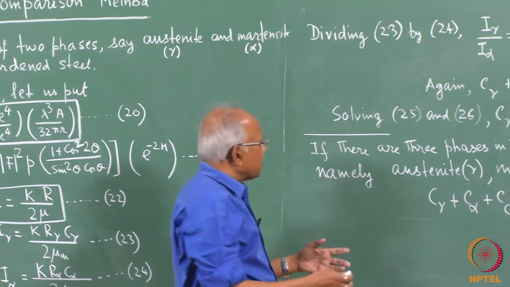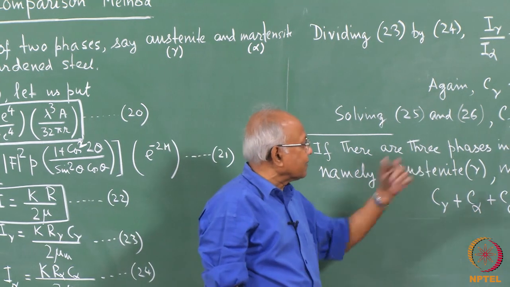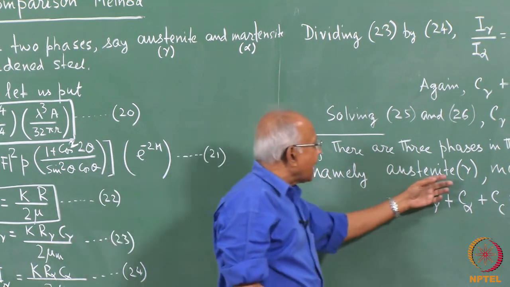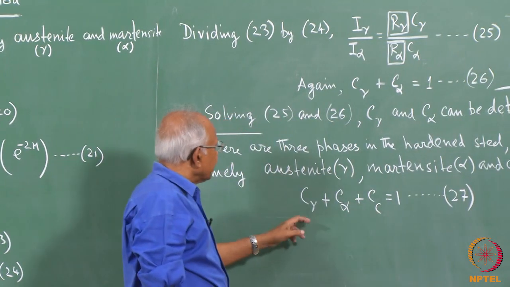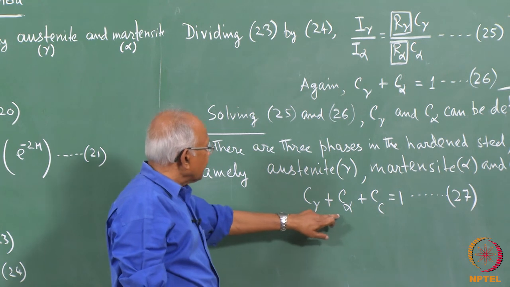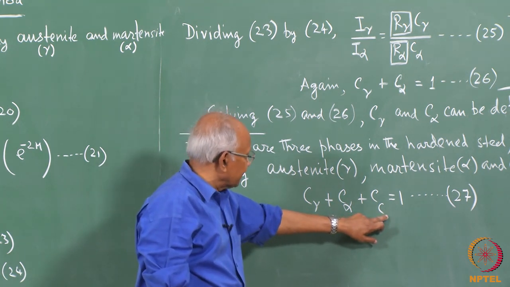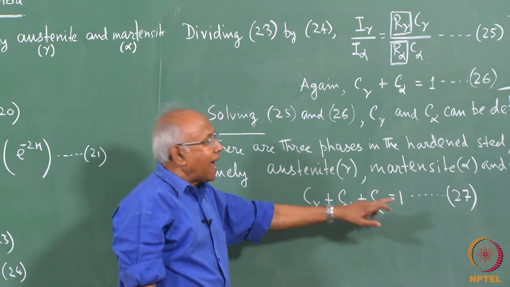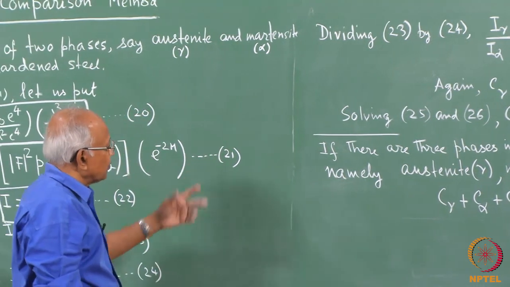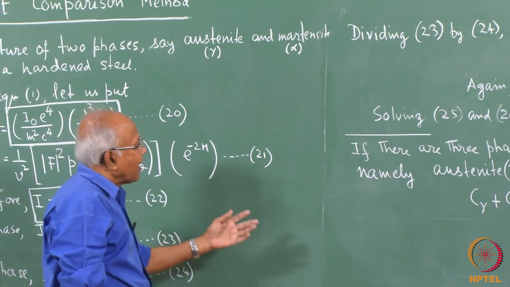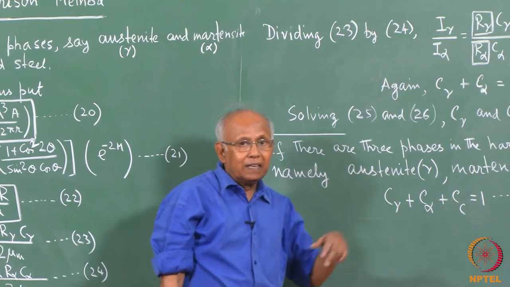Now, if there are more than two phases, say for example, sometimes there are three phases present in the hardened steel, namely austenite, martensite and some carbides, there we can write down the volume fraction of austenite plus volume fraction of martensite plus volume fraction of carbides equal to 1, and following the same method as we have done for a two-phase mixture, it is possible to find out the volume fractions of all the three phases individually.